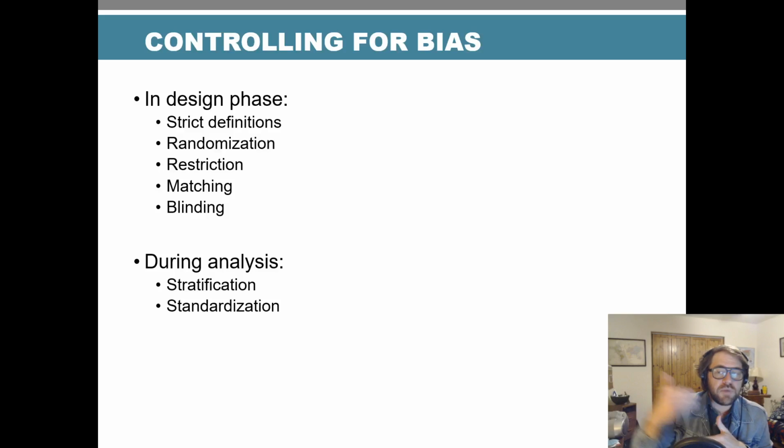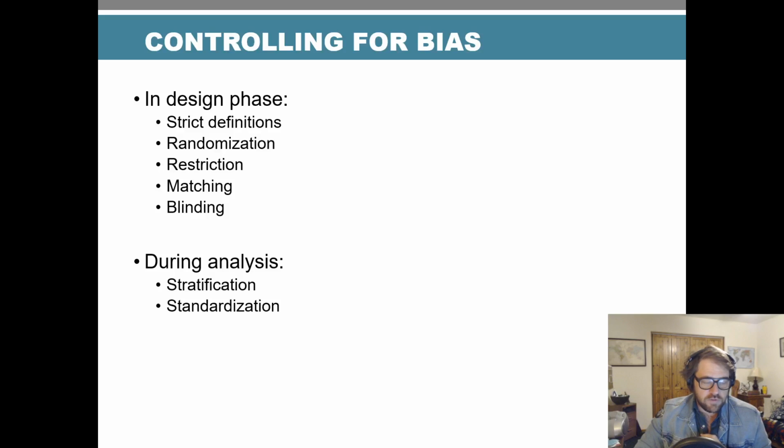There could be something about being early or late to the study that changes the results. So randomizing assignment to groups is an important component of controlling for bias.